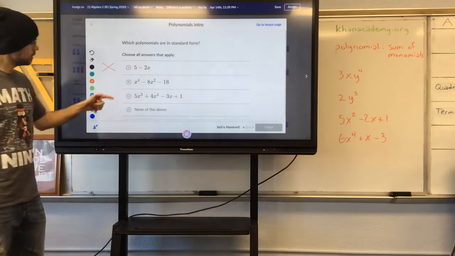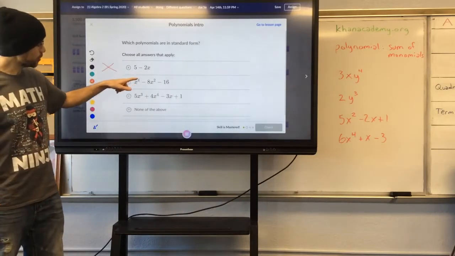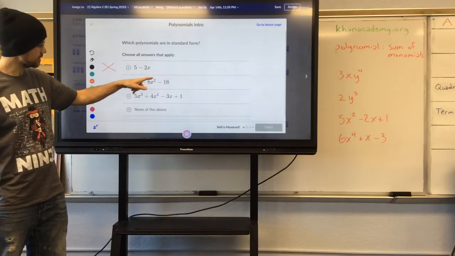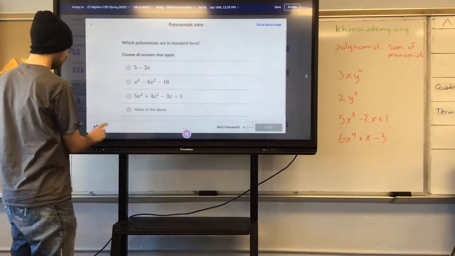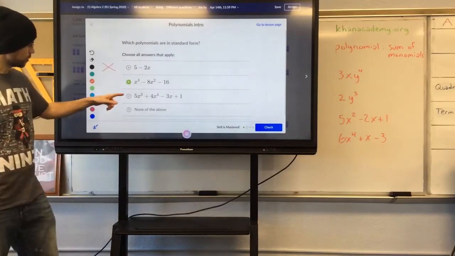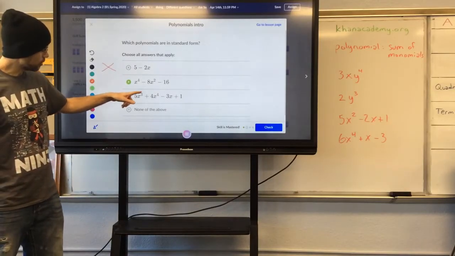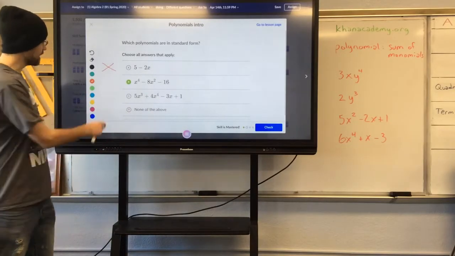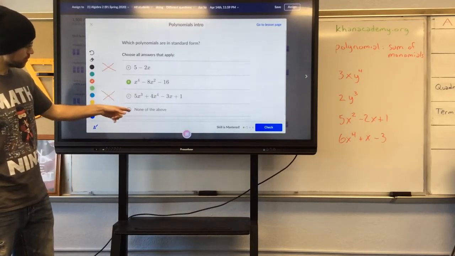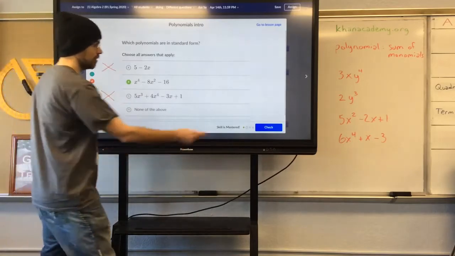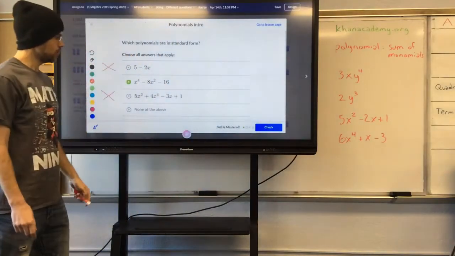No. This one, x to the 4th is greater than x to the 2nd is greater than x to the 0, so that's okay. We can pick B. And then we'll come down here, x to the 3rd is less than x to the 4th, so that's not okay. And of course, since B is correct, we're not going to pick none of the above. And we're done with that one.